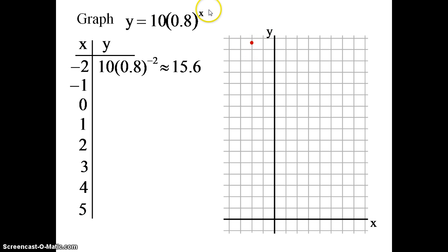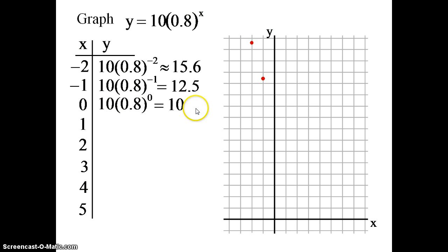If I input a -1 for X and I calculate this out, I end up with approximately 12.5. So I'm going to go over -1, up 12.5, put a point. If I input a 0, we know that any number to the 0 power will equal 1, and 10 times 1 is 10. So ding, ding, ding, there is our beginning amount or our y-intercept.